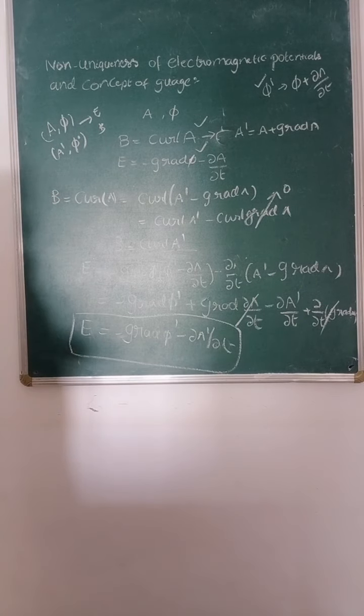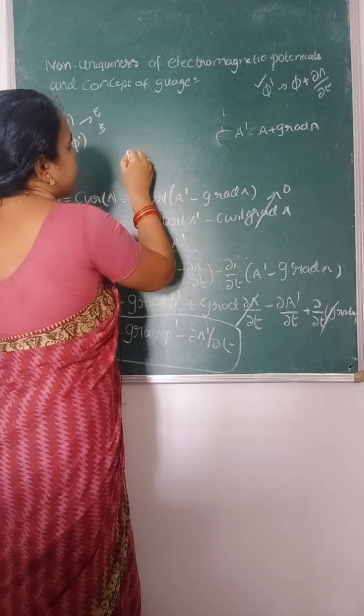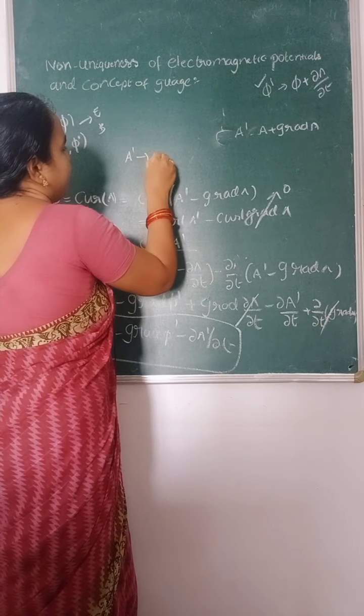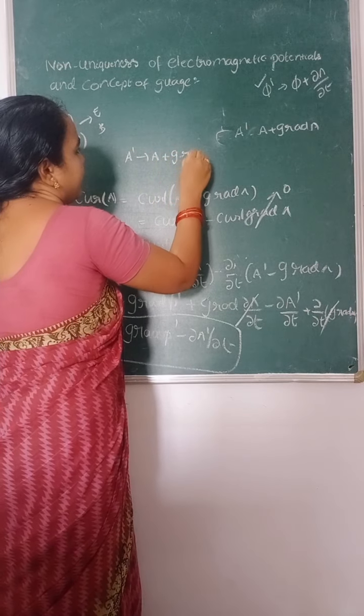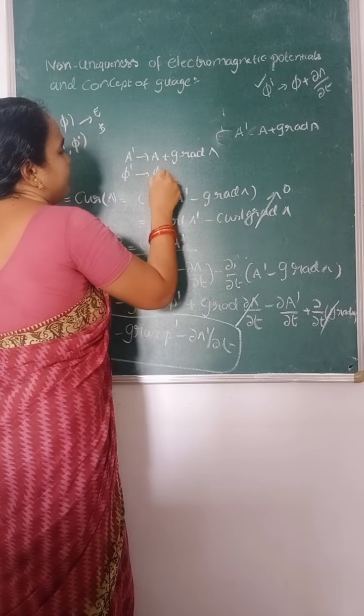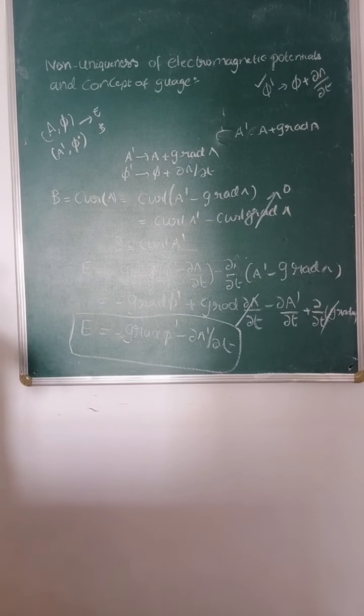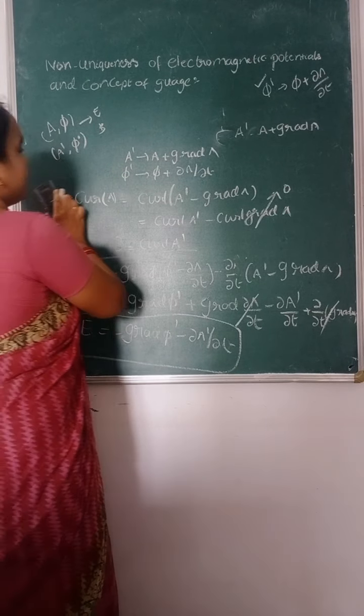These transformations, that is, what are the transformations? A dash equals A plus gradient of psi, and phi dash equals phi plus dou psi by dou t, are called the Gauge transformations.